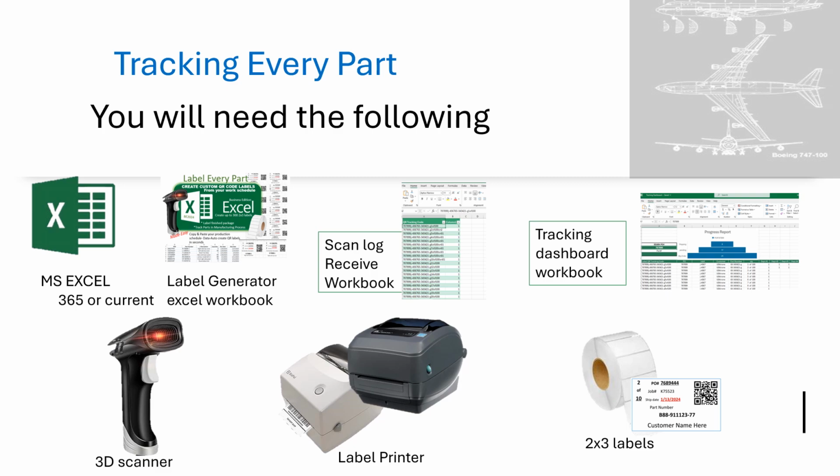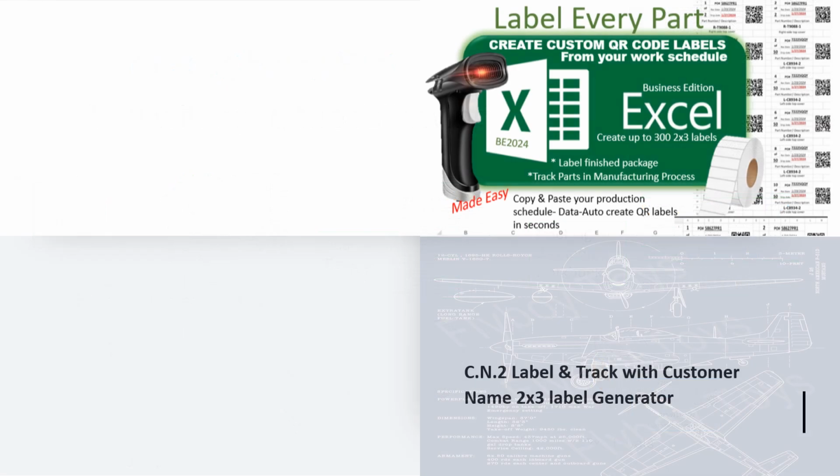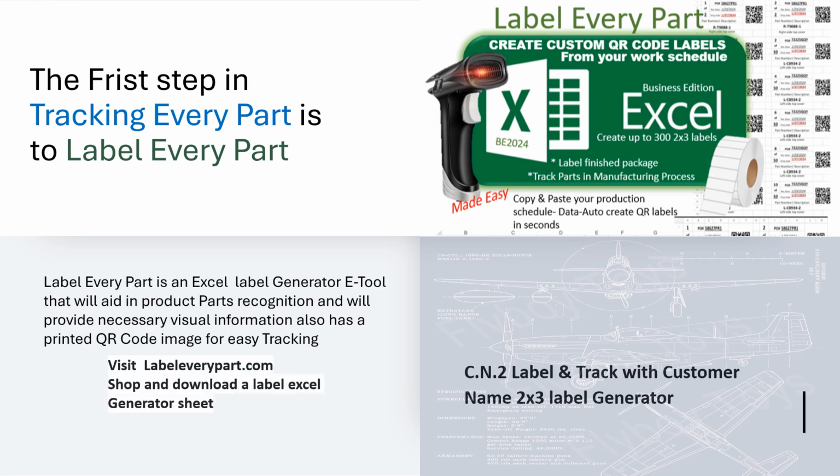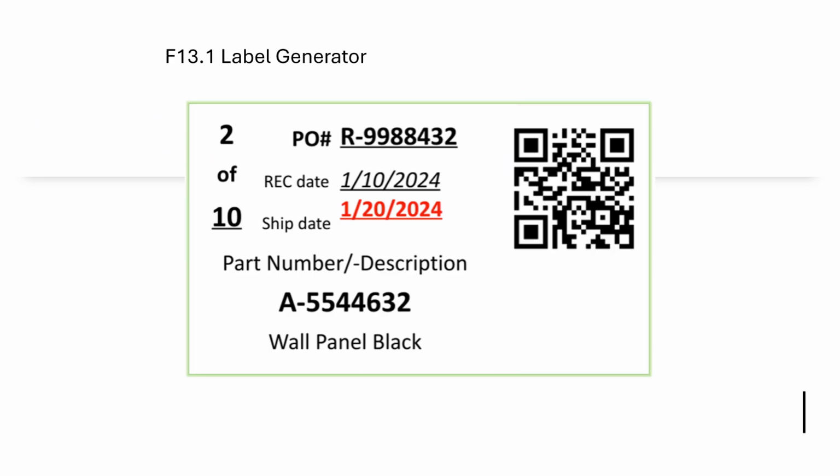The first step in tracking every part is to label every part. And to help you accomplish that, visit labeleverypart.com. Download a label generator sheet that will work for you. There are two formats of label generator workbooks. F13, which consists of PO number, receive date, ship date, part number and description, quantity, and QR code image.